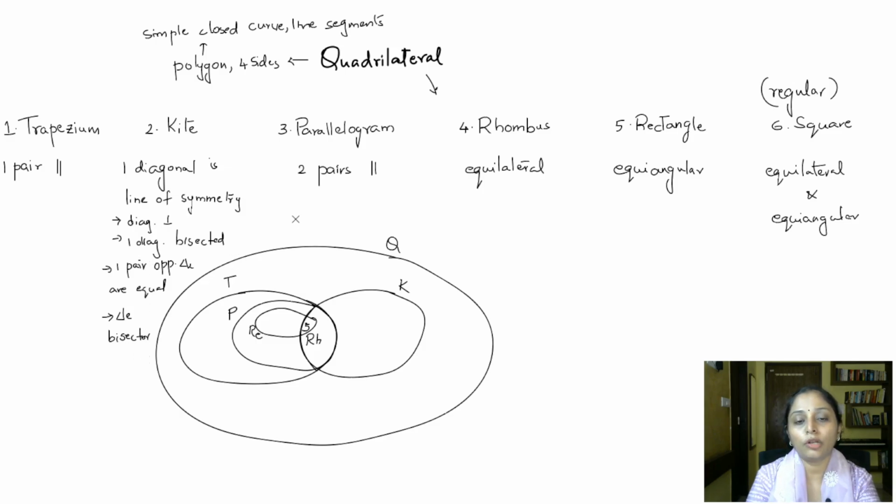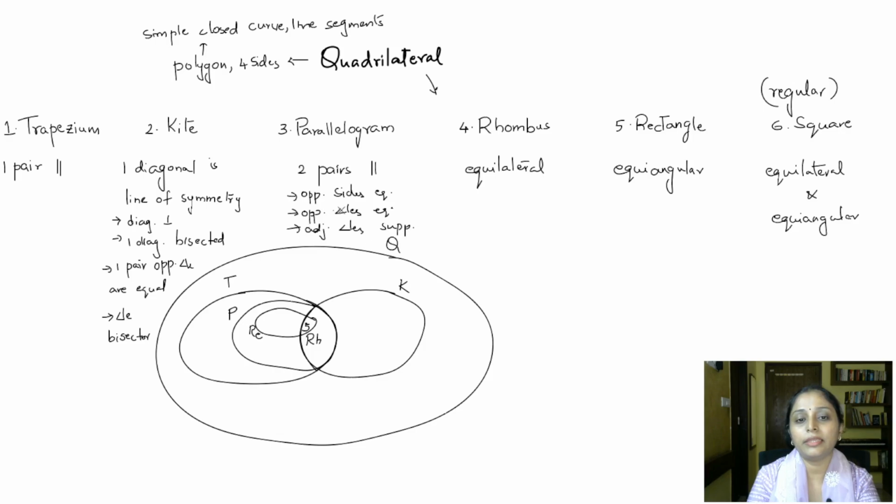Similarly, for a parallelogram also we have seen four properties, if you remember. The first one was opposite sides are equal. Next one was opposite angles are equal. And then we have the adjacent angles are supplementary.